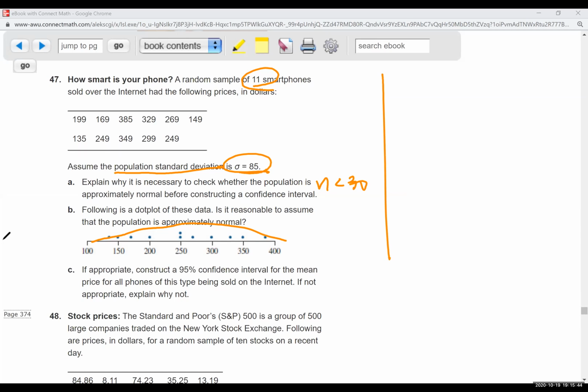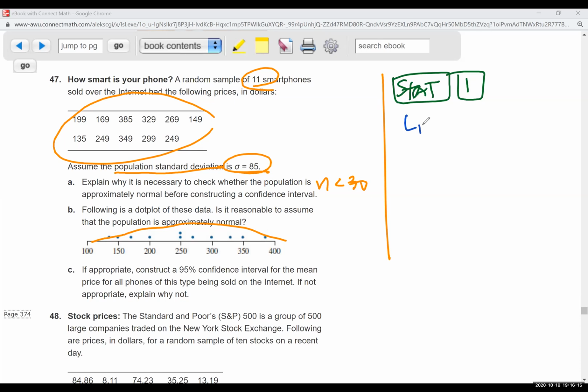As you can see here, we don't have the sample mean, but we have the data here. So we need to enter this first. Every time we enter the data, that is stat, 1, and you will see L1.